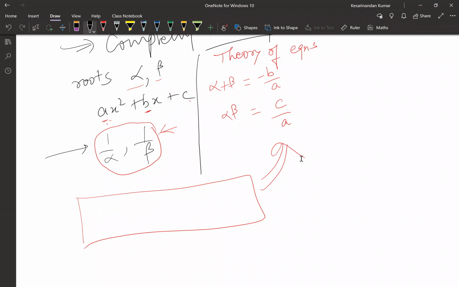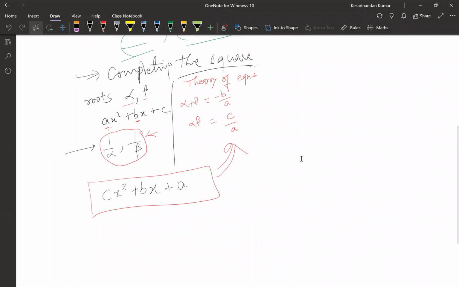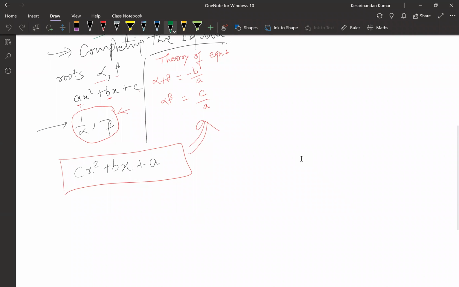Let me tell you. The final answer would be, guys, cx squared plus bx plus a. To those who haven't got the answer yet, where did you get stuck? See, it's not that tough. Let me show you. Let the roots be x1 and x2.